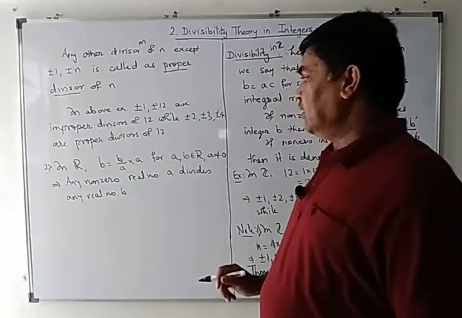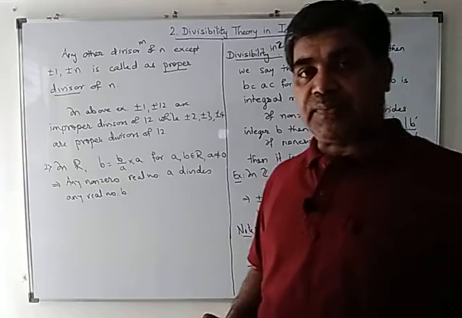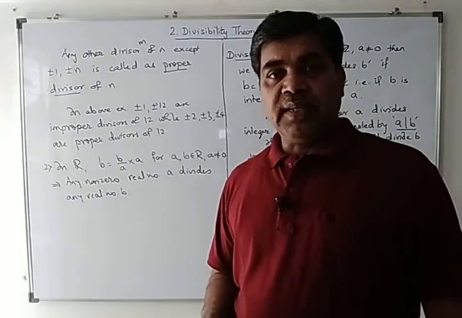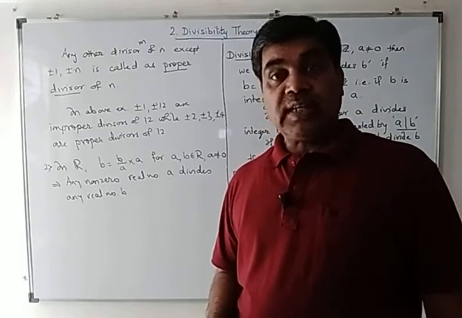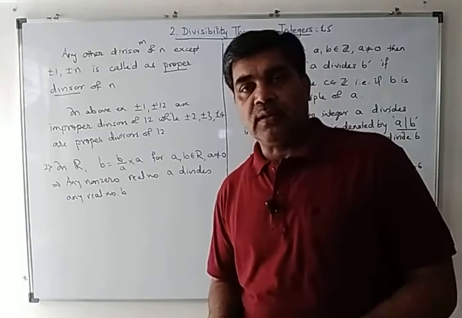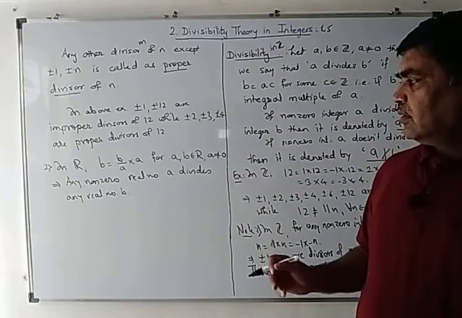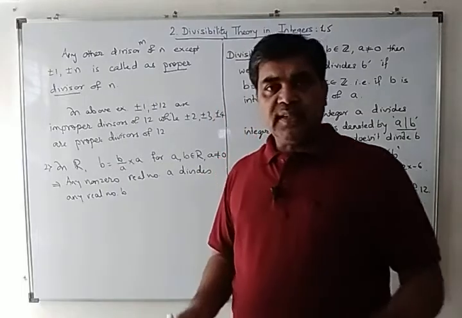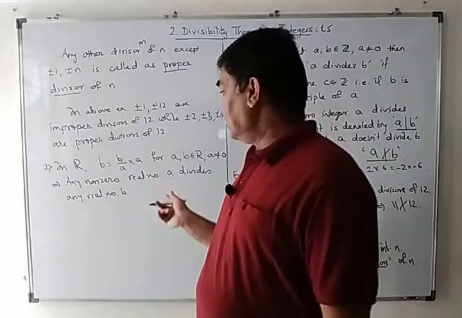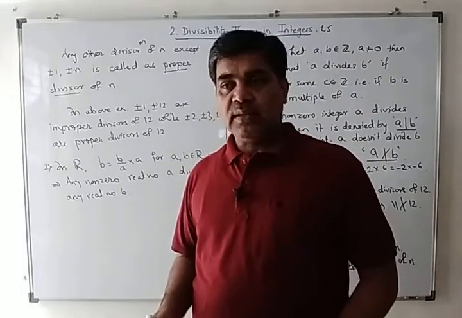So there is no meaning in talking about the divisibility concept in real numbers, complex numbers, or the set of rational numbers, that is Q, R, or C. I can write any real number as a multiple of any non-zero real number.